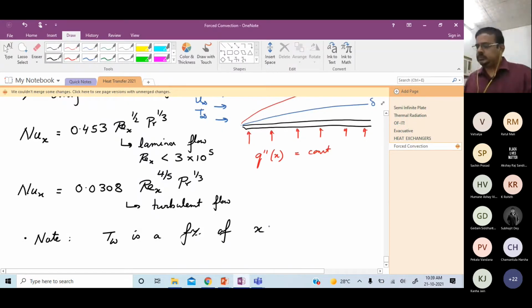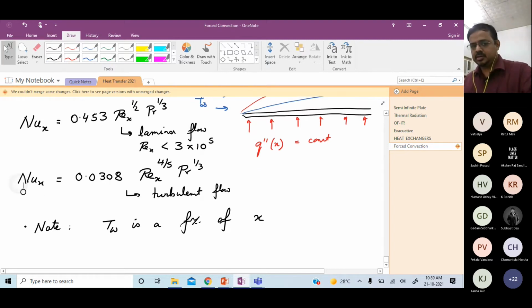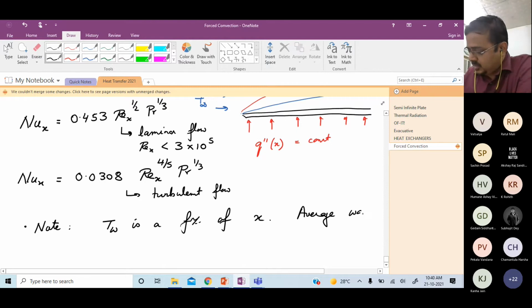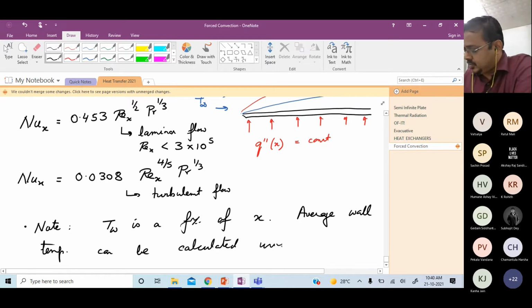Okay, for isothermal, the wall temperature doesn't change, it remains invariant. But here, the TW is going to be a function of x. So, the average wall temperature can be calculated using, how will we do that?